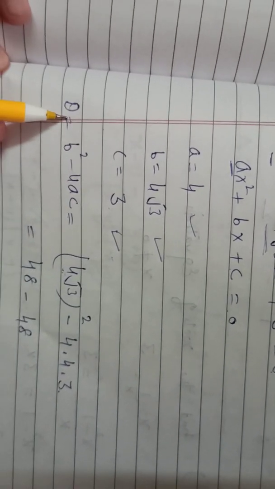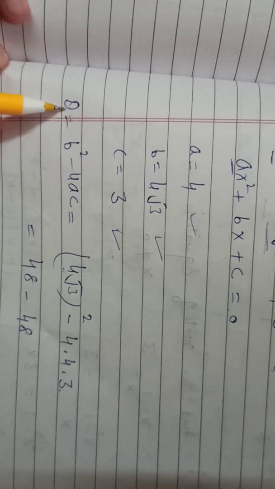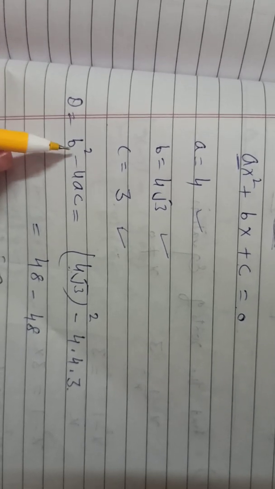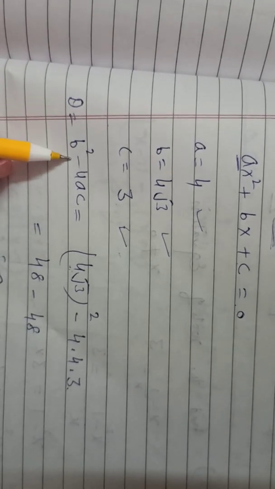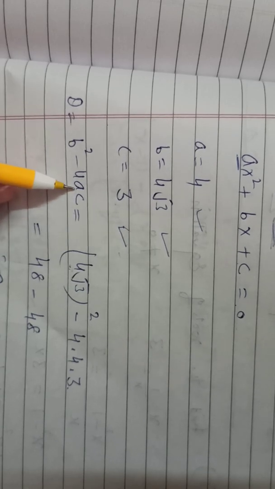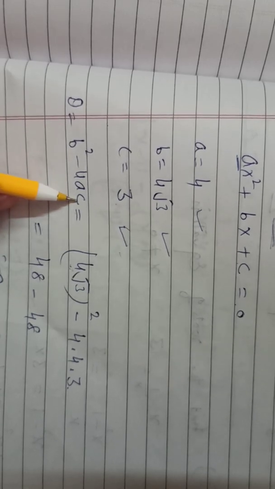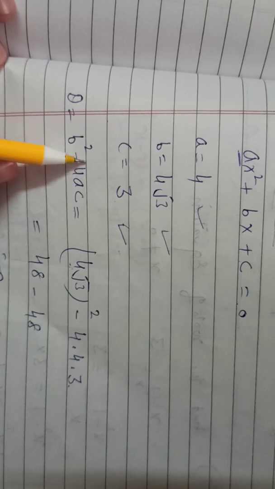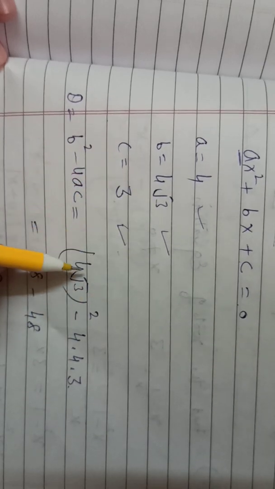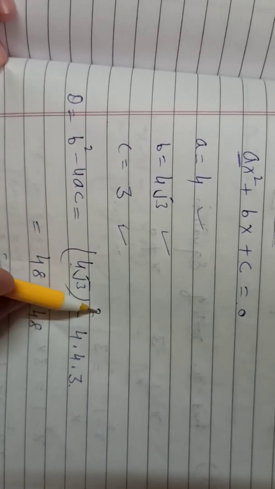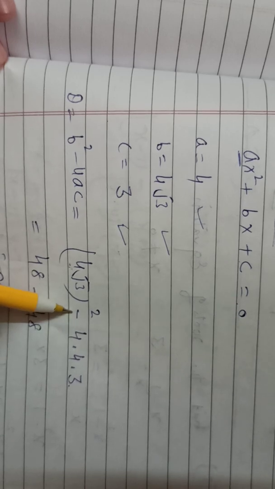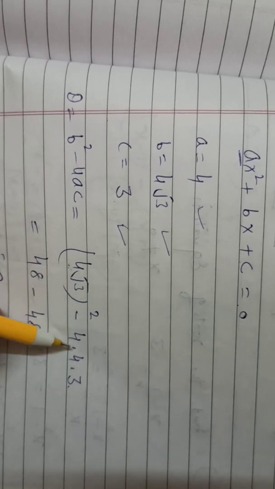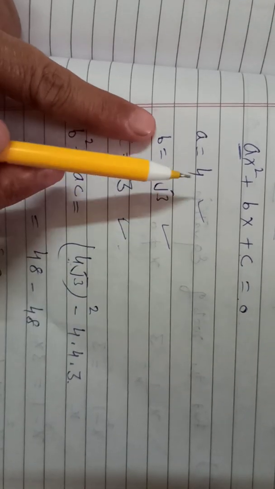Then we will find discriminant d. D is b square minus 4ac. B is what? 4 root 3. 4 root 3 whole square minus 4. In place of a you will write 4.